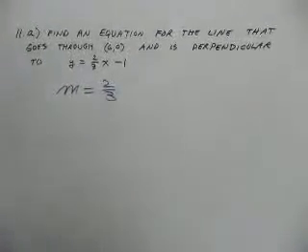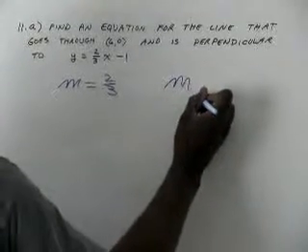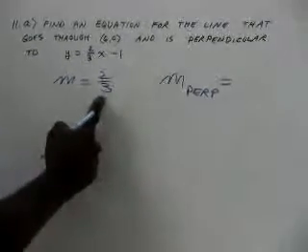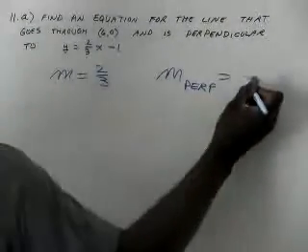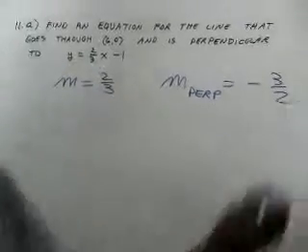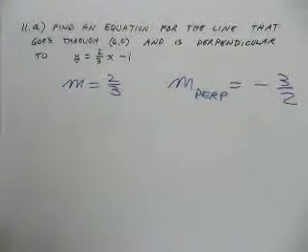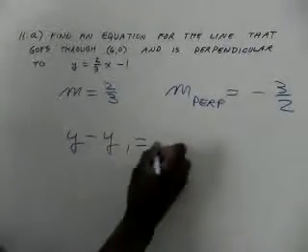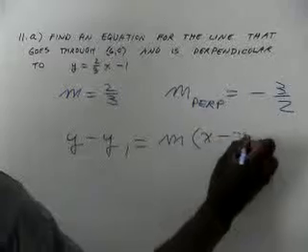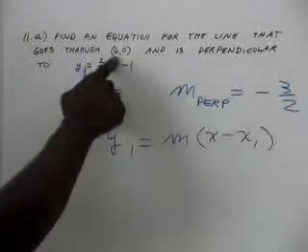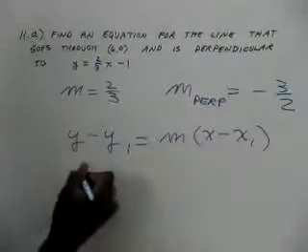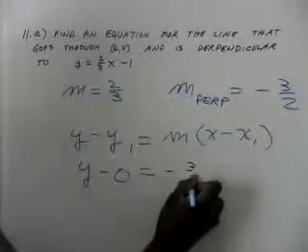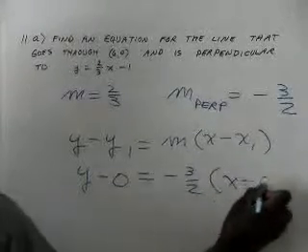The slope of a line that is perpendicular to it, change the sign, take the reciprocal, negative 3 over 2. Now let's go to point-slope form. y minus y1 is slope times x minus x1. We know we have the point 6, 0, so it's y minus 0 is negative 3/2 times x minus 6.